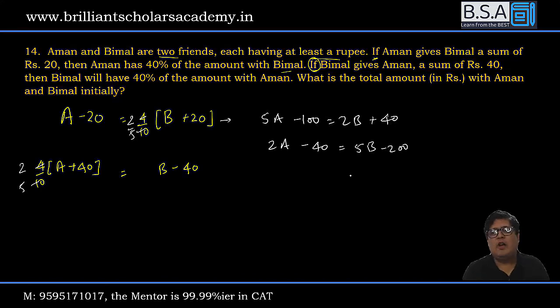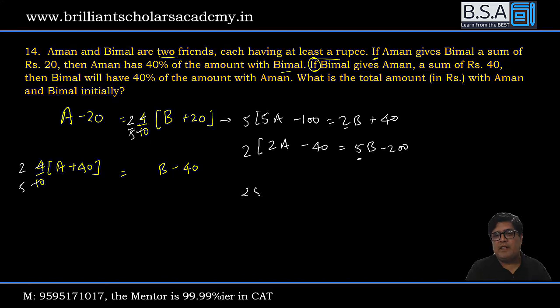Now I can solve for any one variable. See, how do you cancel variables? I will take this 2 and multiply it here, and take this 5 and multiply it here. Whatever variable you want to cancel, cross multiply it. So 5 I'm multiplying above, 5 I'm multiplying below, and 2 I'm multiplying below.